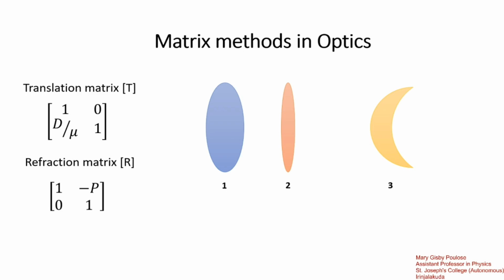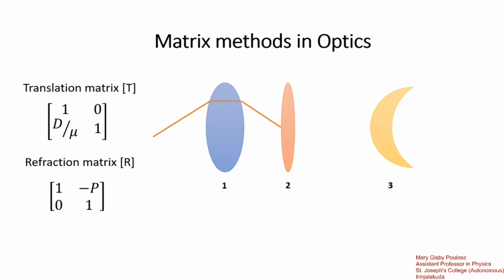So, in order to find the resultant ray, we will have to mathematically do a lot of calculations for each ray at each point of operation. When light passes through different optical components, it undergoes a lot of translations and refractions. Here, light is incident on the first refracting surface of the first lens, then it translates through it, and again refracts through the second surface of the first lens.